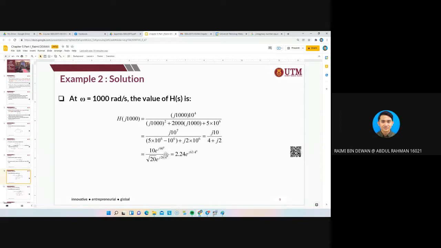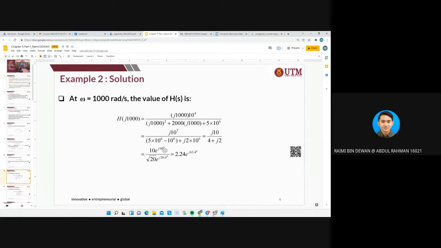26.6 angle. This one is almost similar to this one. Okay. In order to have j, you need to represent it with e^j90 degree. But how about this if you want to make a simplification? Try using Euler's formula, try at your own home how you actually obtain this. And then 10 divided by 20, you get 2.24. Okay.